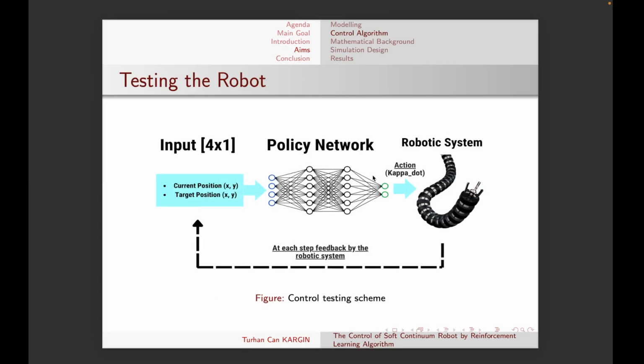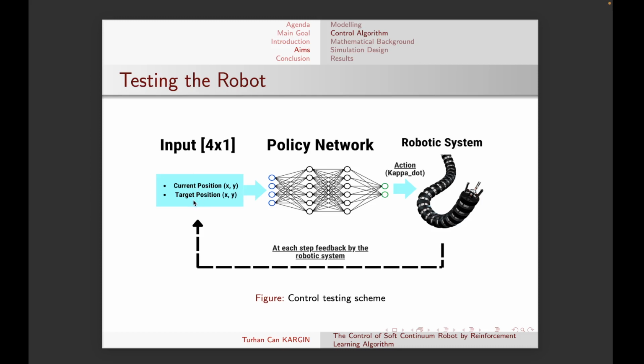So after training, we needed to test the robot. So this is the test diagram and how it is working. Basically we have a policy network, which is the actor network, and this policy network gives us an action. This action is the derivative of each section's curvature, and according to this action the robot moves and generates a new position.